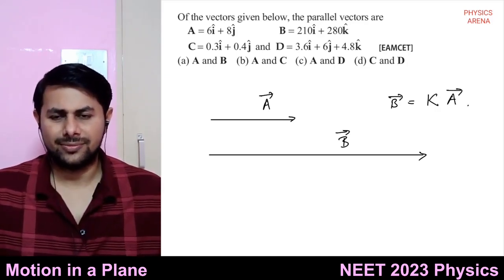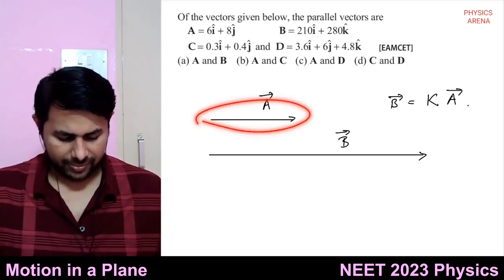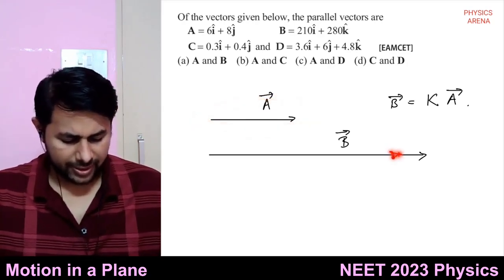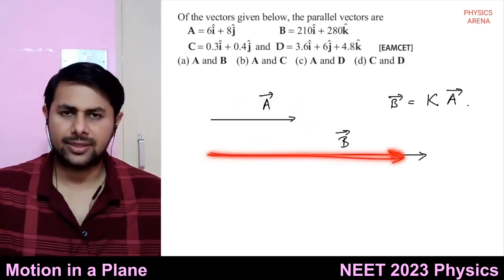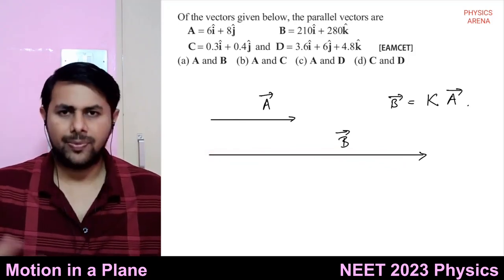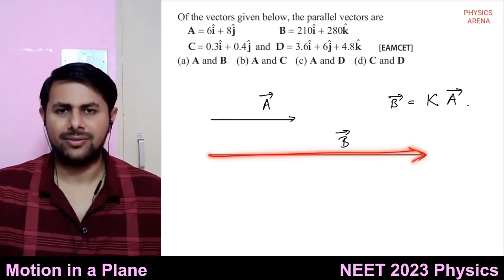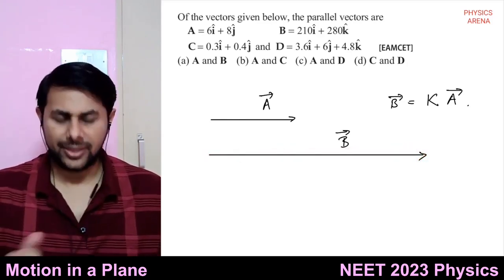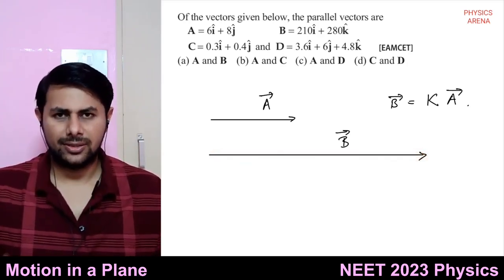Yes, sir. Because if I multiply a bar with, suppose, 2, I will get a vector whose length is this much and it is directed in this direction. If I multiply it with 2.2 or something, I will get this vector which is directed towards the right, and it has magnitude equal to this much, right?